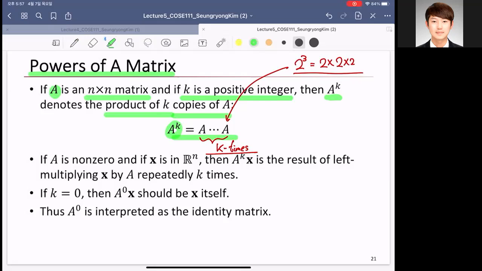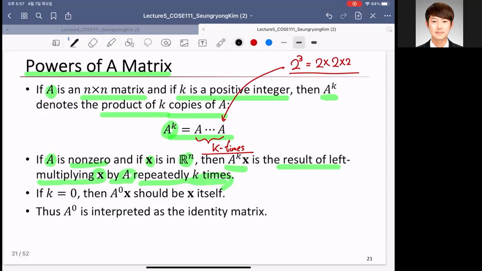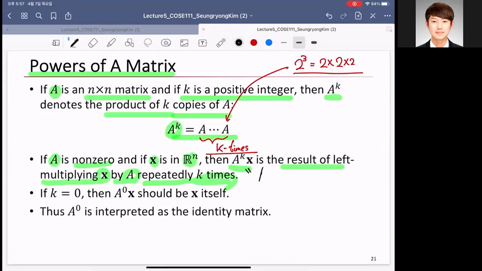And if matrix A is non-zero and X is in R^n, then A^k X is the result of left multiplying X by A repeatedly k times. What does it mean? A^k X is going to be A times A times A times X, k times, by definition. If k is equal to 0, then A^0 X should be X itself. Why?